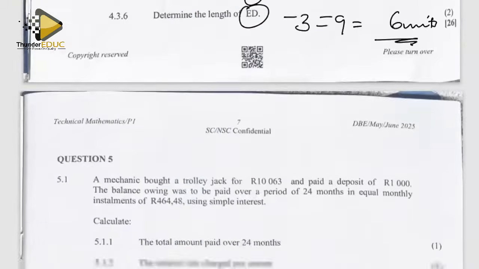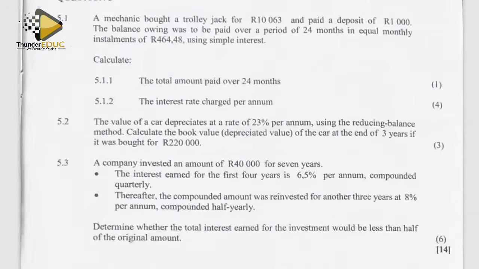Get the answer there. All right, then question number 5. A mechanic bought a trolley jack for just 10,063 rands and paid a deposit of 1,000. The balance owing was to be paid over 24 months in equal installments of 464,48 using simple interest. Can I get the total amount that was paid over the 24 months?